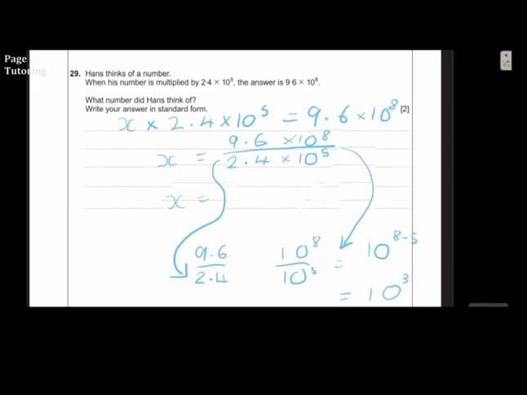If we do 3 lots of 2.4, that would be 7.2. So if we do 4 lots of 2.4, we would get 9.6. So that would equal 4. Now we put that together, so we get 4 times 10 to the 3. That's the number that Hans is thinking of.